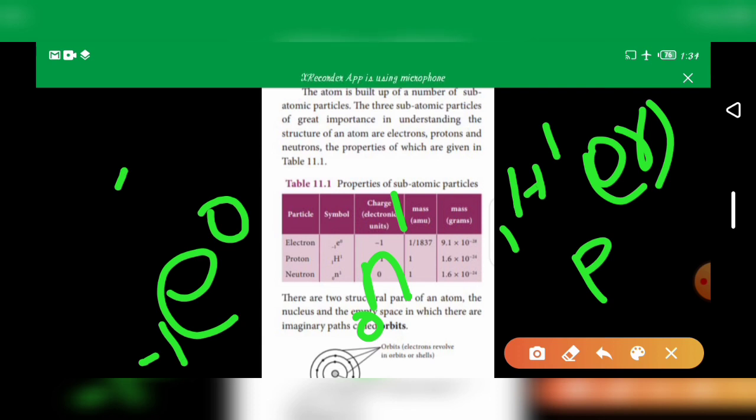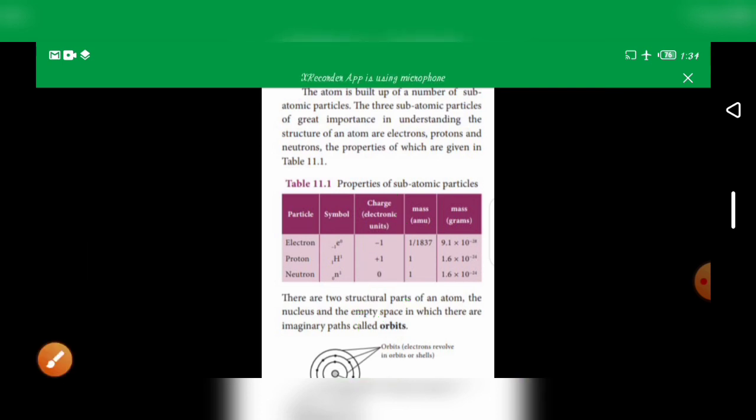There is no net charge, positive and negative charges are equal, so the atom is neutral.